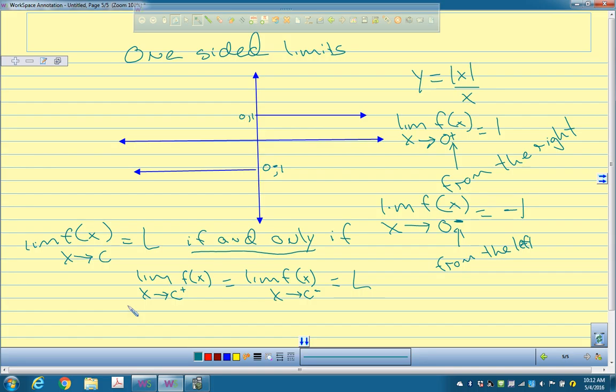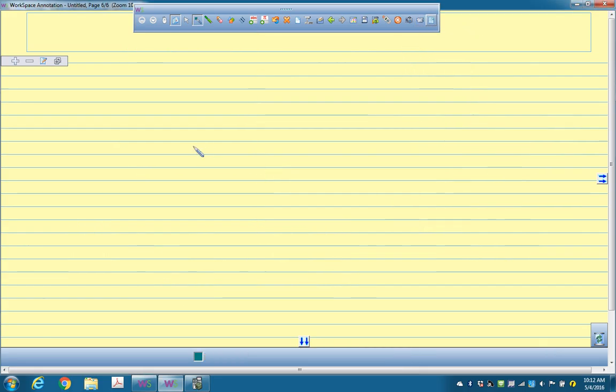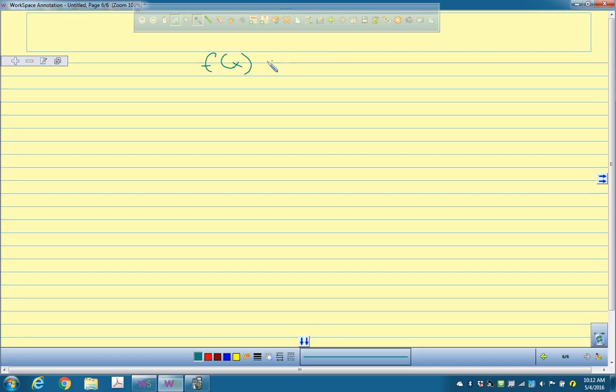Let's look at this piecewise function, and then we'll look at one more thing, and then you can work, okay? So for a piecewise function, say you have that f of x is equal to this piecewise function, x plus 2, that's a plus sign, not a 4.